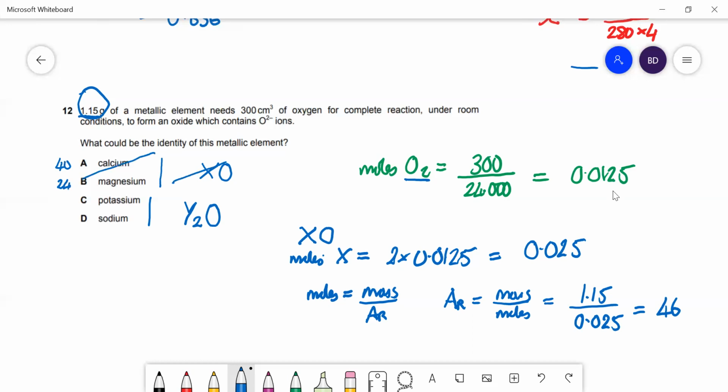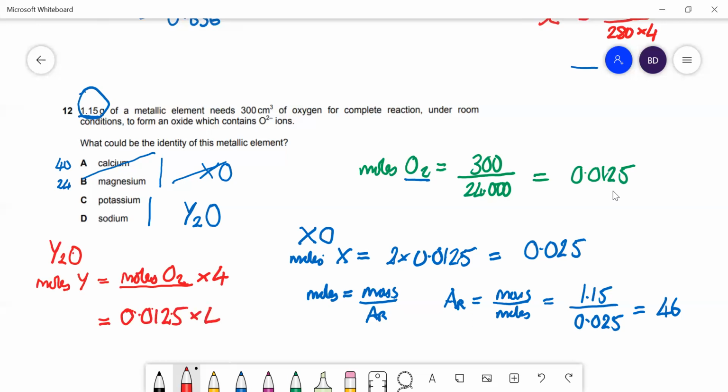It's definitely not that. Okay, so we've got potassium or sodium. Let's work out what it is there. Now, the oxide formula is Y2O here. So the moles of Y is going to be the moles of oxygen, O2, multiplied by 4, because you've got 2 Ys for each oxygen atom, so you've got 4 for each oxygen O2. Sorry, multiplied by 4, beg your pardon. So the moles of Y is going to be equal to 0.0125 times 4, which is equal to 0.05.